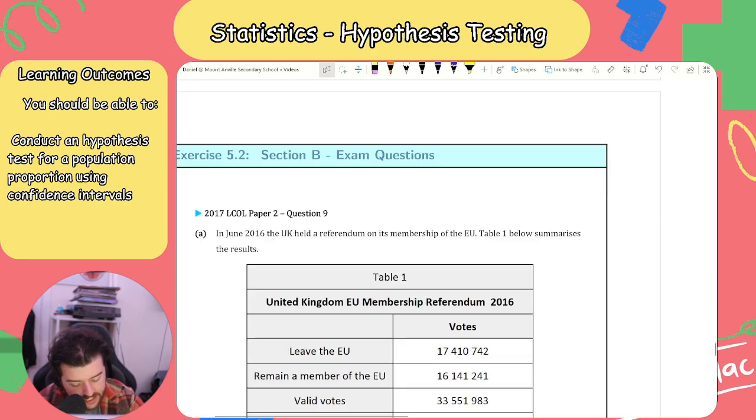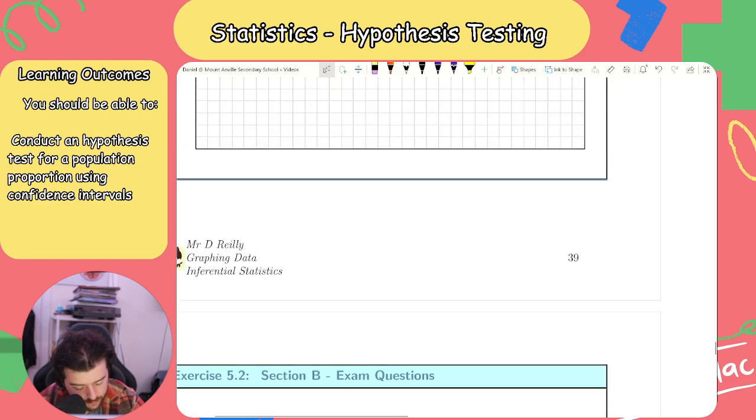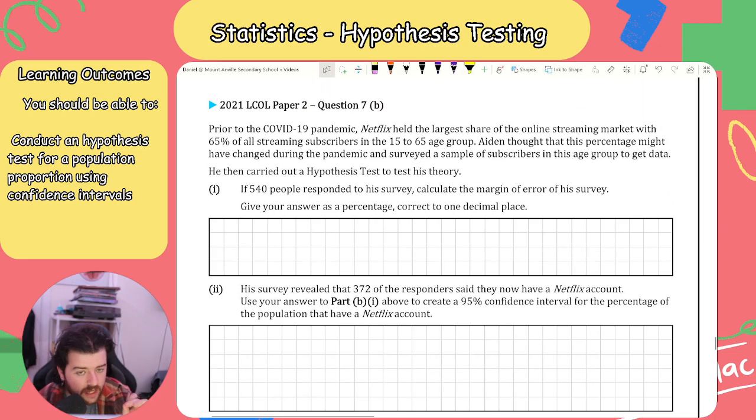Right? Last question, two more questions. No, one more question. So, prior to the COVID-19 pandemic, Netflix held the largest share of online streaming markets. This is from 2021. Right, with 65% of all streaming subscribers between 15 and 65.